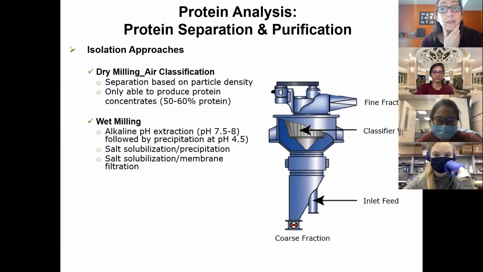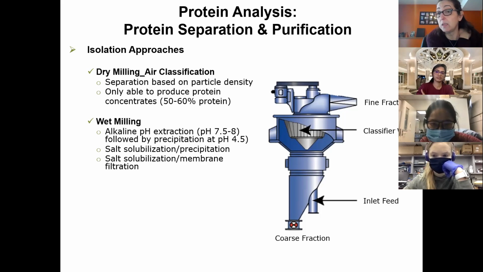Okay, so nowadays there's a common process for pulses. There are a lot of pulse ingredients out there now that are gaining traction and attention in the industry. Pea protein and chickpea and lentils and beans. The main processing for purification of these proteins is the dry milling process.